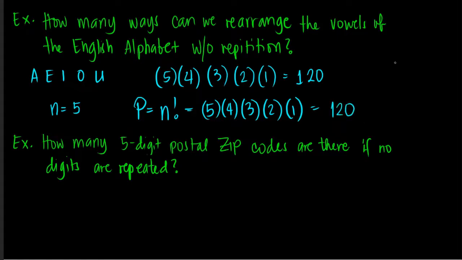Given, let's say, 6 digits, how many ways can you rearrange that? 6 factorial. You no longer need to do 6 times, 5 times, 4 times, 3 times.